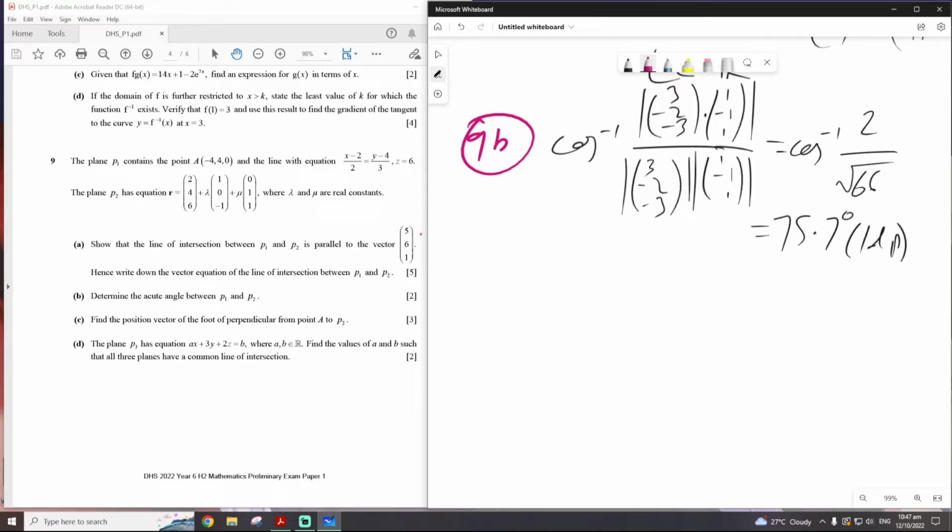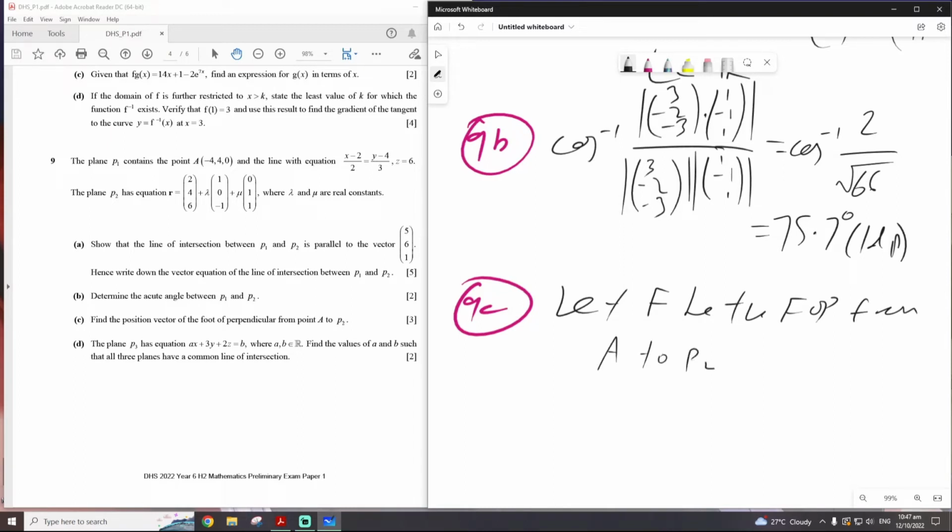Okay. Find the position vector of the foot of perpendicular. Also standard. Let F be the foot of perpendicular from A to P2. So what we do is we want to have AF, which can be expressed as OF minus OA.